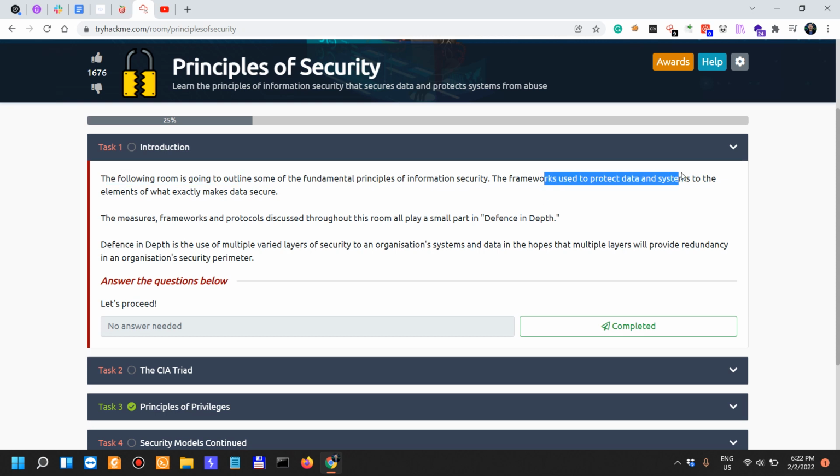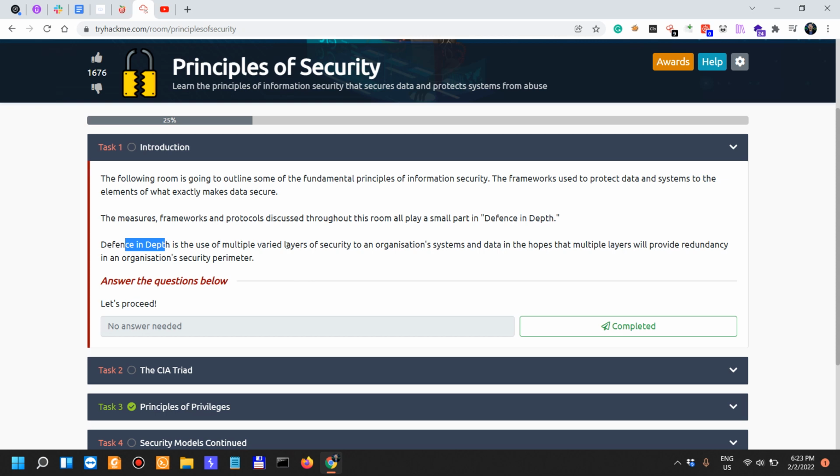The frameworks used to protect data and systems, to the elements of what exactly makes data secure. The measures, frameworks, and protocols discussed throughout this room all play a small part in defense in depth. So this would actually be sort of like blue teamish stuff.